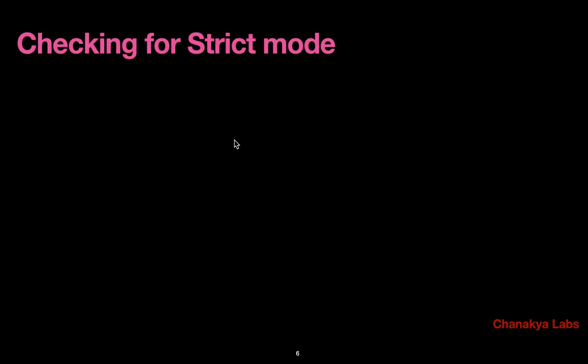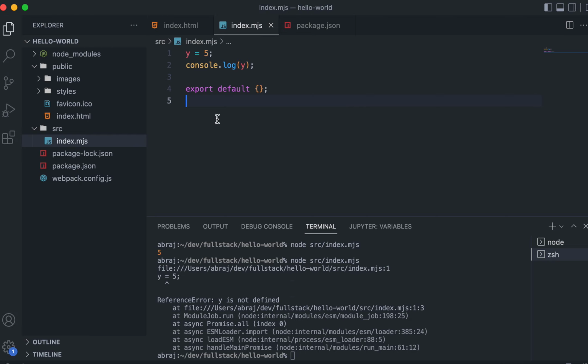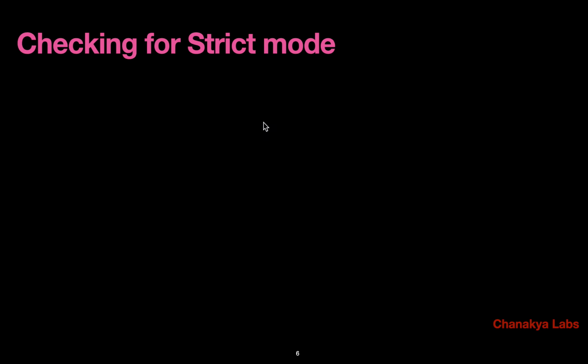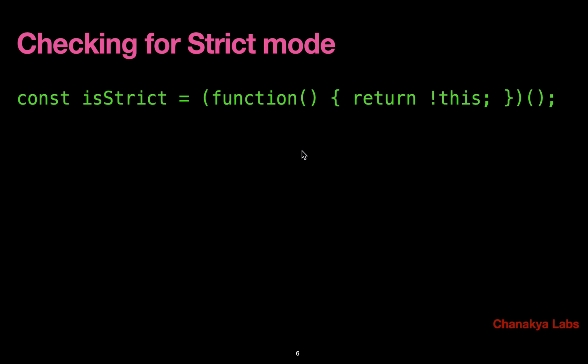Now, checking for strict mode: we know that a script can run in strict mode or non-strict mode, right? Now how do we check whether my current code is running in strict mode or non-strict mode? The idea is that you can directly use "this". You might not understand the whole of it right now, what this variable called "this" is.